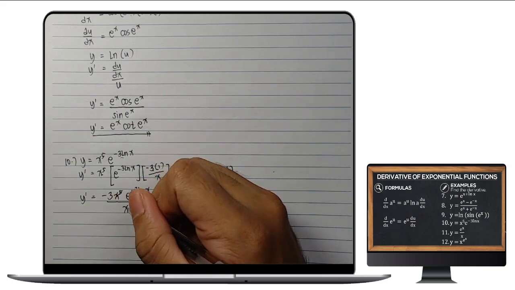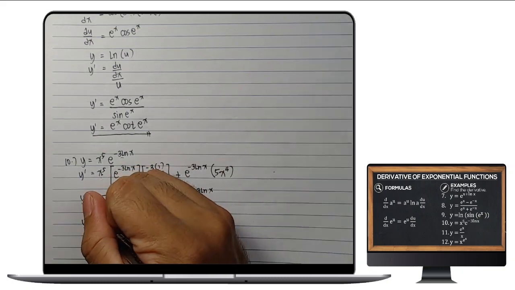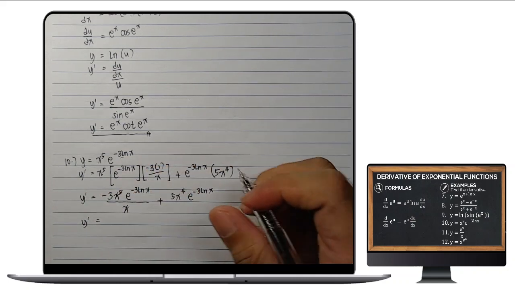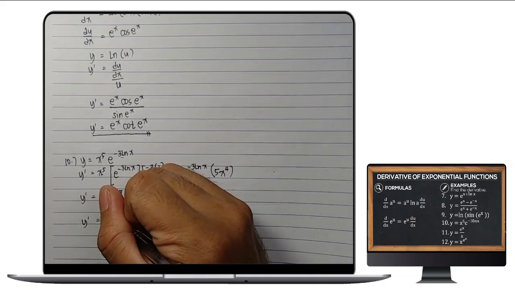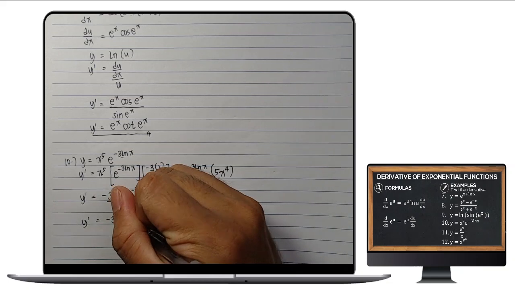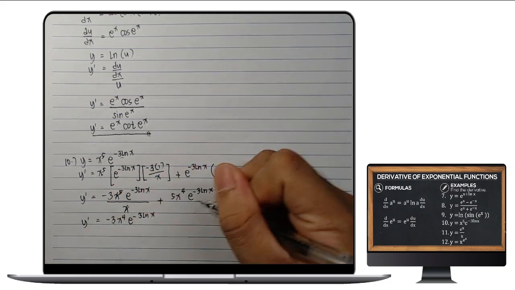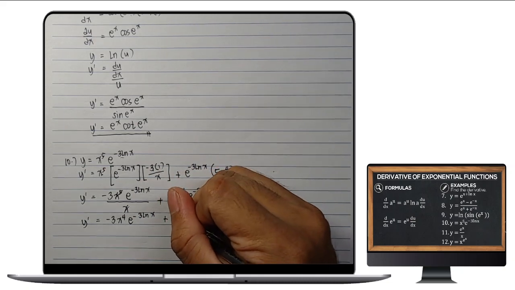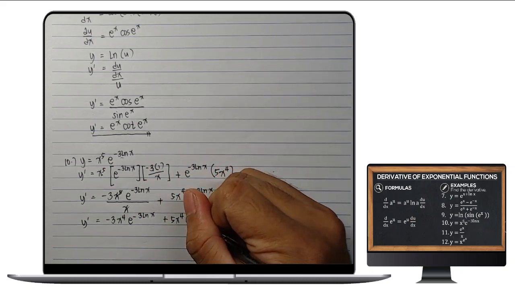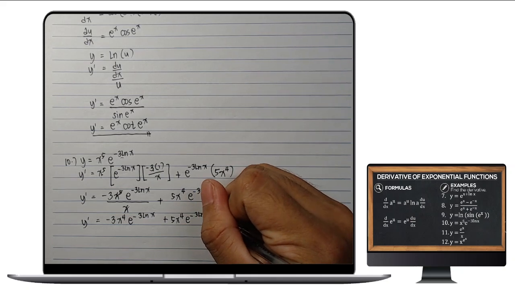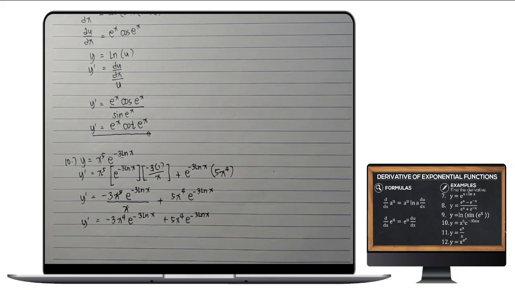So we can cancel this. Therefore, y prime is equal to negative 3 x raised to 4 e raised to negative 3 ln of x plus 5 x raised to 4 e raised to negative 3 ln of x.